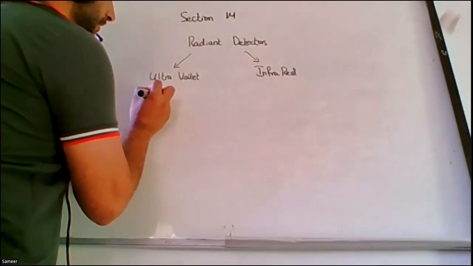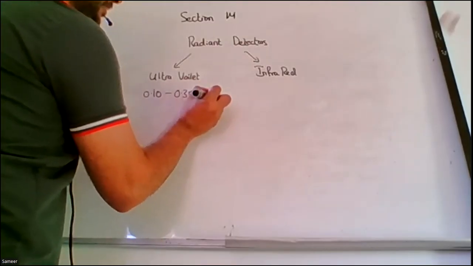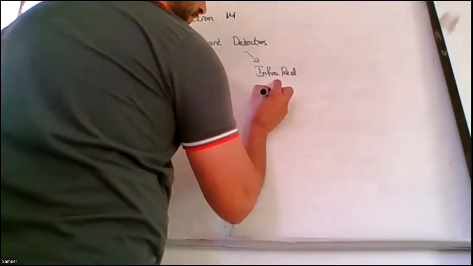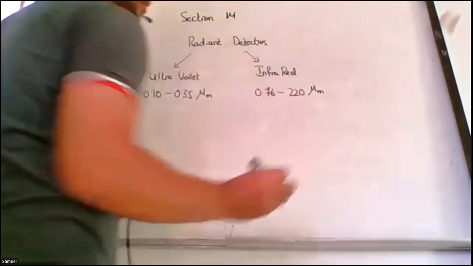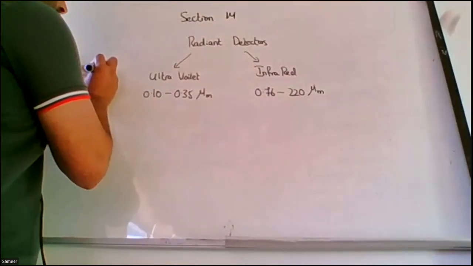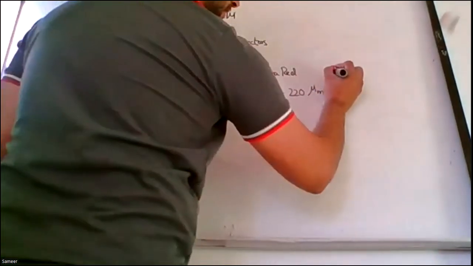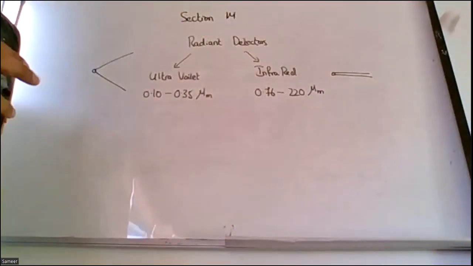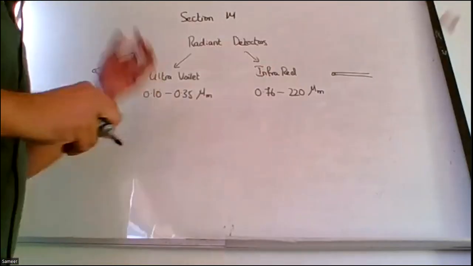Ultraviolet has a radiation wavelength of 0.10 to 0.35 micrometer. Infrared radiation is 0.76 to 220 micrometers. Right? Ultraviolet has high expansion, infrared has low expansion. That's why one can travel less distance and the other can travel more distance.